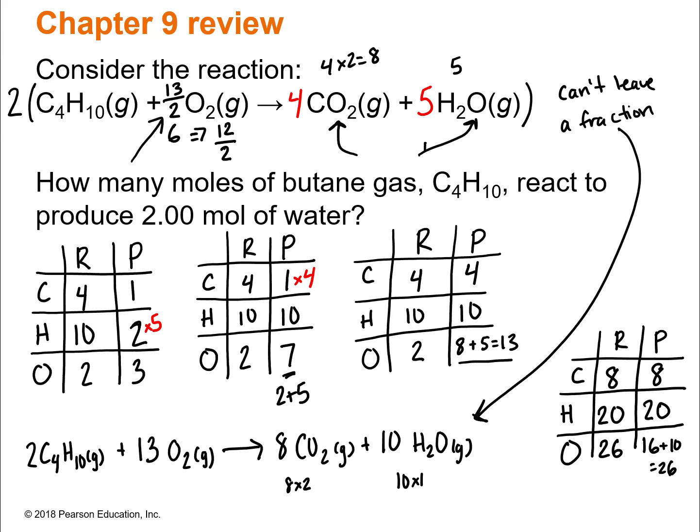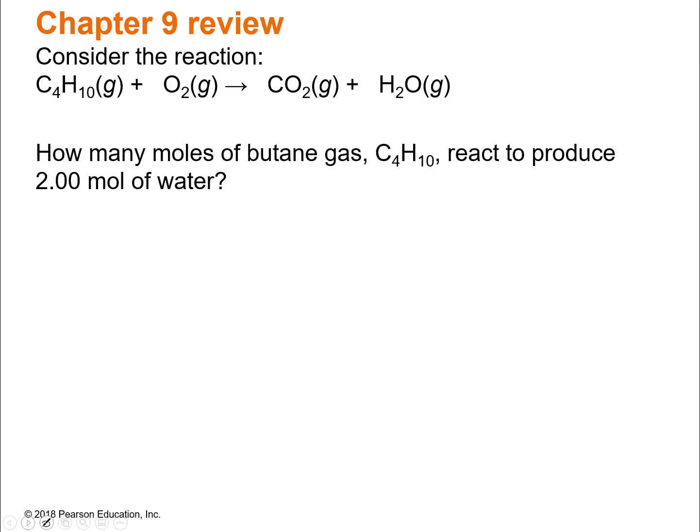So the next slide has the same thing on it. I'm just going to write in the coefficients so we can answer the actual problem. So how many moles of butane gas react to produce 2 moles of water?